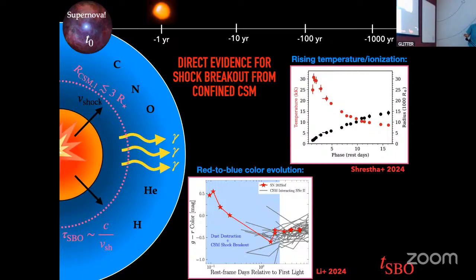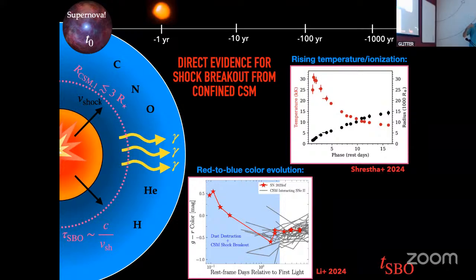But we've seen these really dramatic evolutions at very, very early times, 0.1 days, less than a day before explosion, in this dramatic color evolution. This is g minus r color, relative to first light. We detected supernovae so early that we're seeing this dramatic change from red down to blue and then back to red. What we think this is, is breakout from the circumstellar material that was actually pretty dusty.